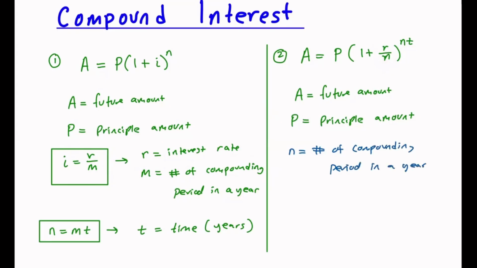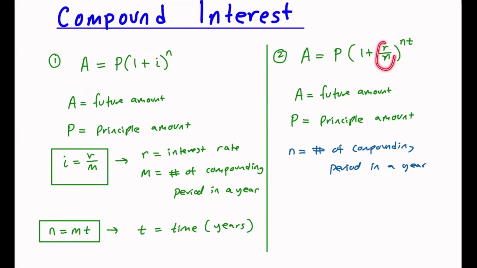And then as you can see, the exponent here is n, but here we have n times t. Now, if n is really the replacement of m, then it's m times t.